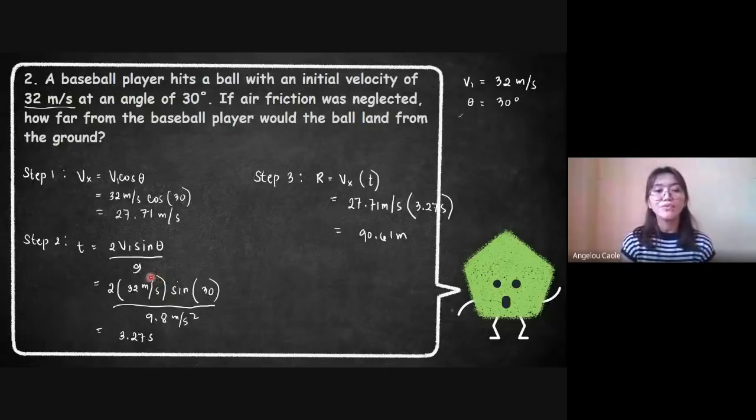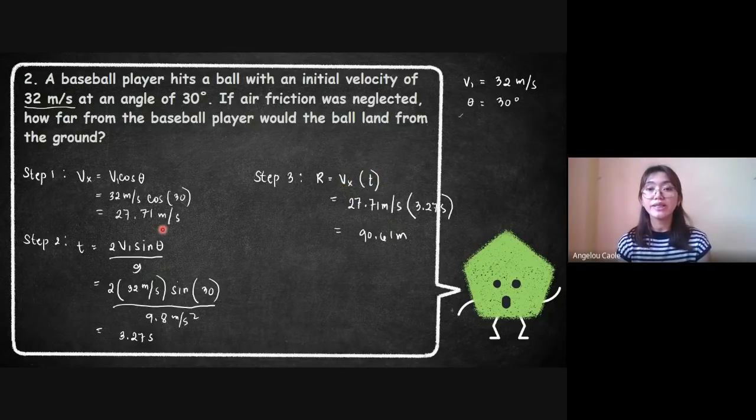So we have 2 Vi sine theta divided by the acceleration due to gravity, and the total time is 3.27 seconds. And of course, for step 3, just use this formula, Vx times time, where Vx is 27.71 meters per second and time is 3.27 seconds. And the answer is 90.61.